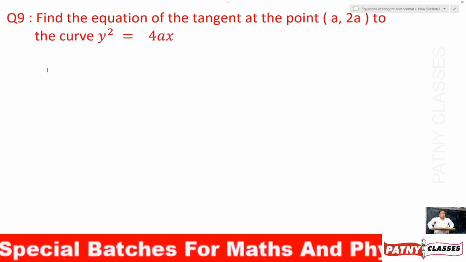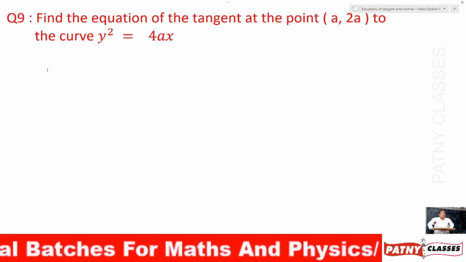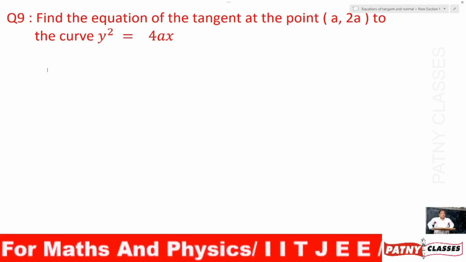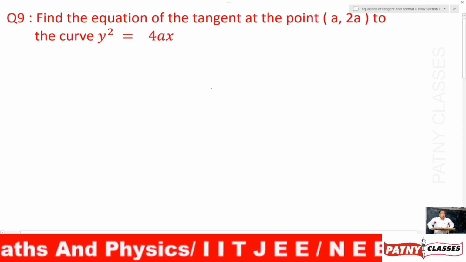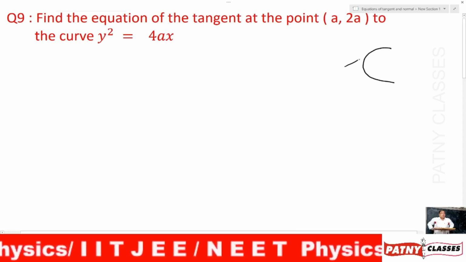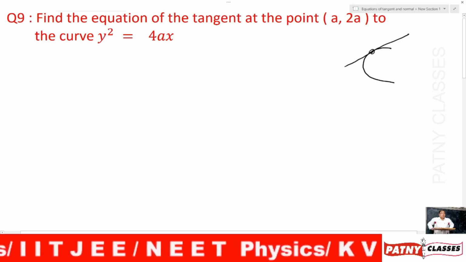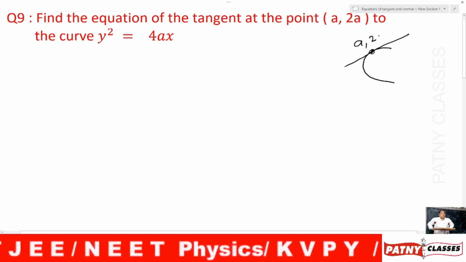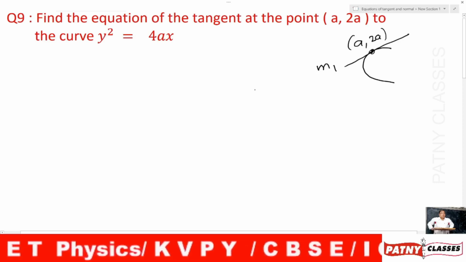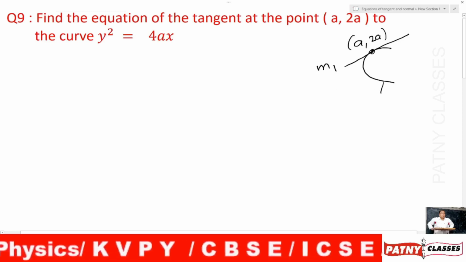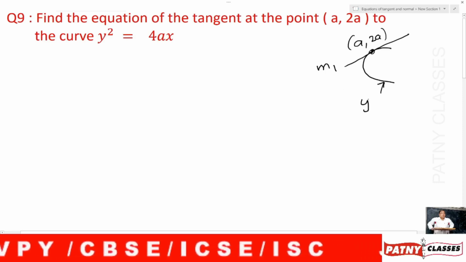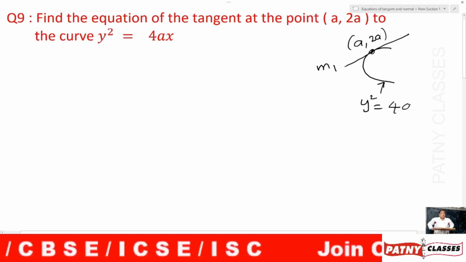Find the equation of tangent at the point a comma 2a to the curve y square equals 4ax. So first I draw the curve here, and drawing that, it is a point of contact a comma 2a. Assume m1 as the slope of tangent. Now the equation of curve is given to us, and it is y square equals 4ax.